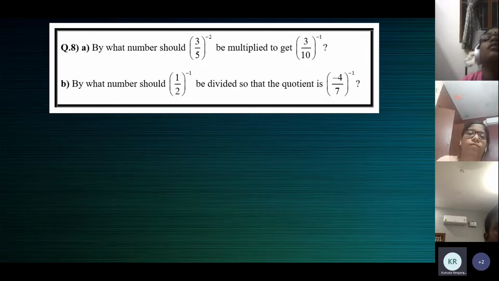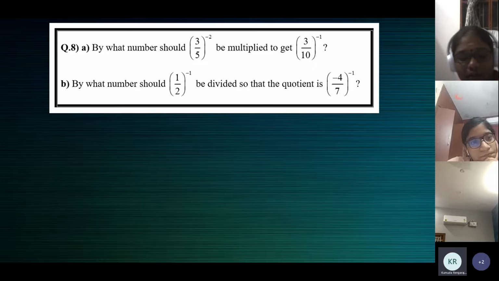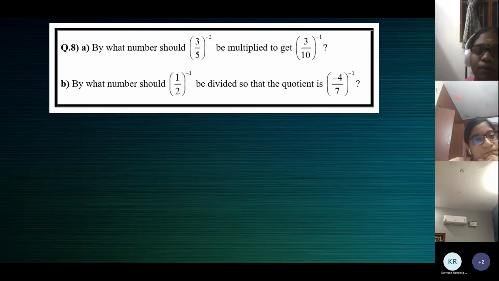By what number should (3/5)^-2 be multiplied to get (3/10)^-1? Don't write anything yet. See here, by what number?